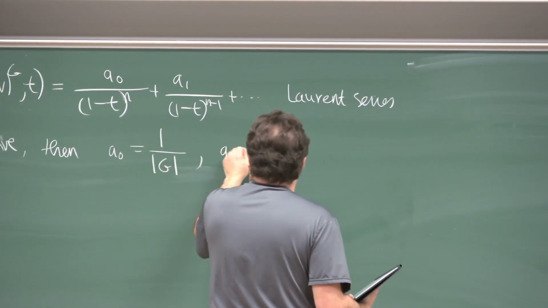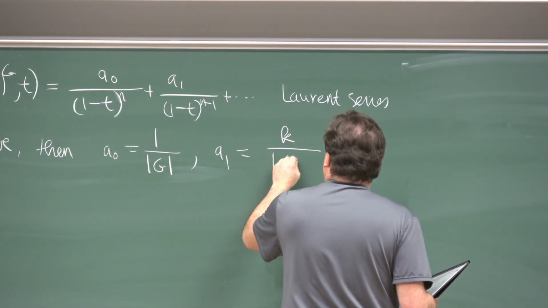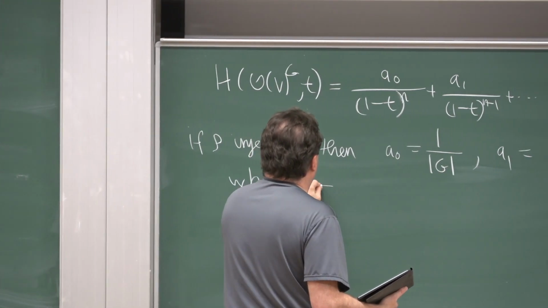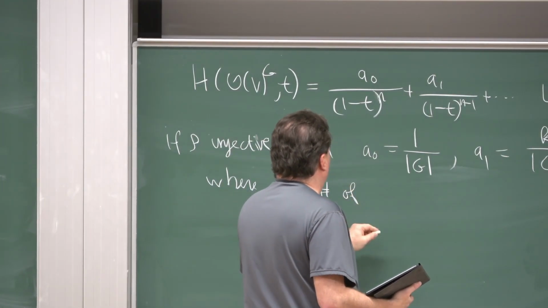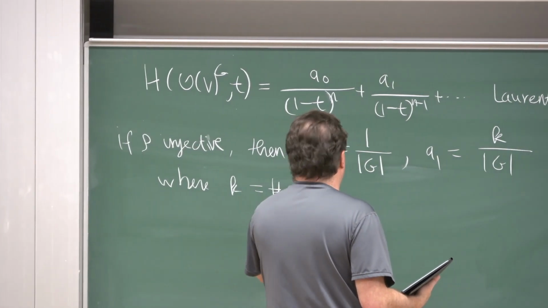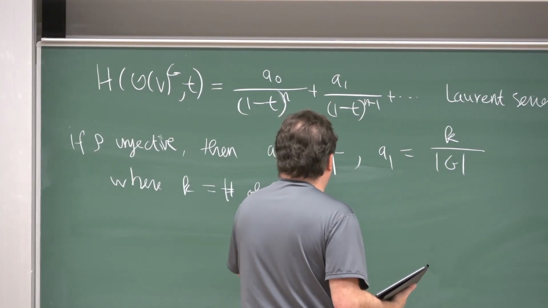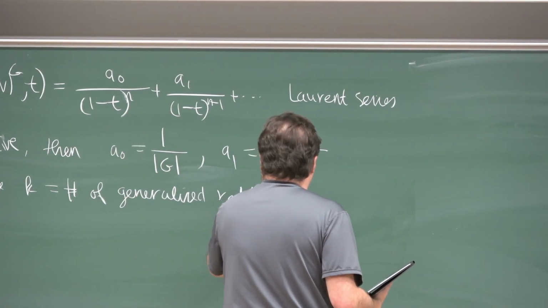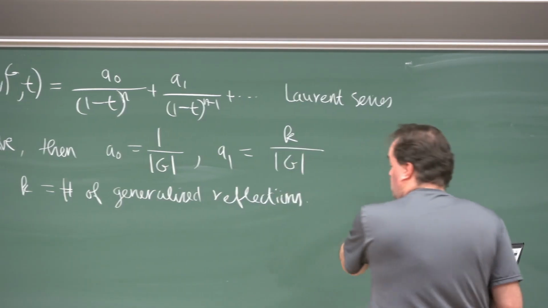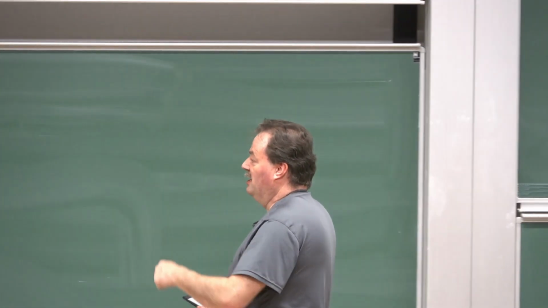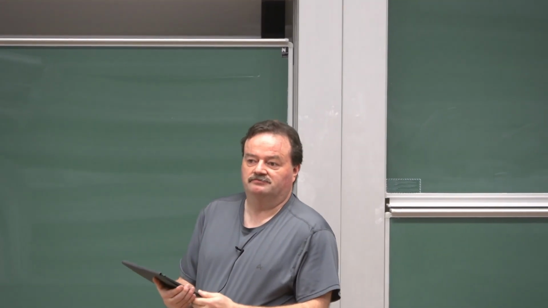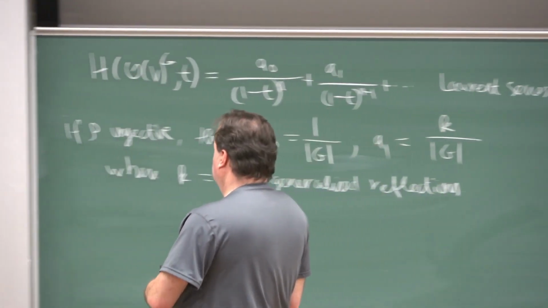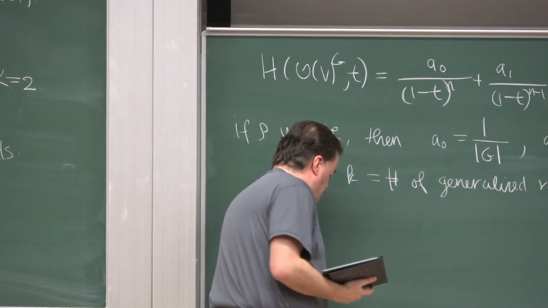And A1 is K over the group order, where K is the number of generalized reflections, I think I have to say. A generalized reflection is a group element that fixes a hyperplane. So this is nice.